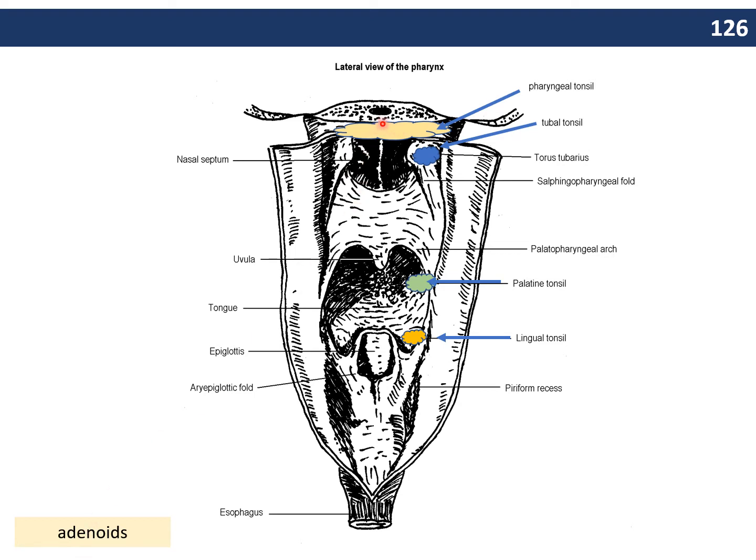So what hypertrophy of the pharyngeal tonsil can do is occlude the choana, which are the posterior openings to the nasal cavity, which results in mouth breathing for the individual.